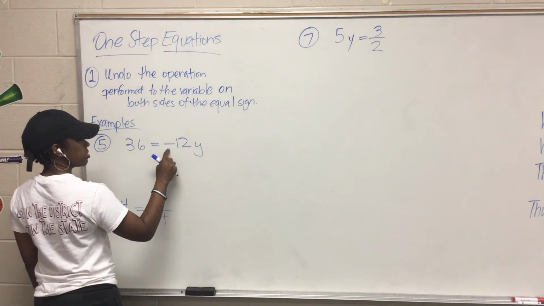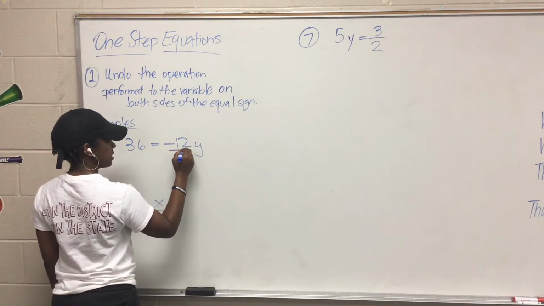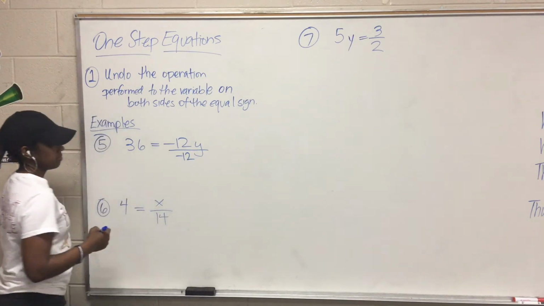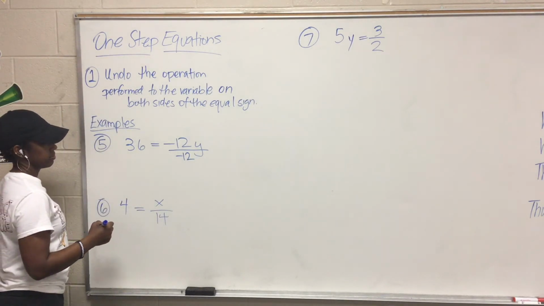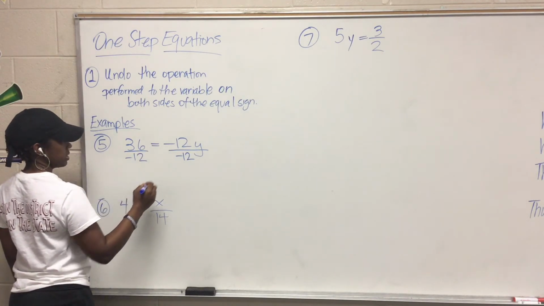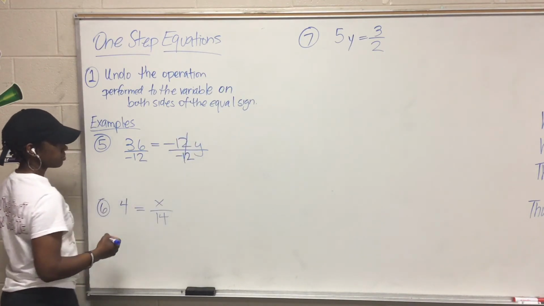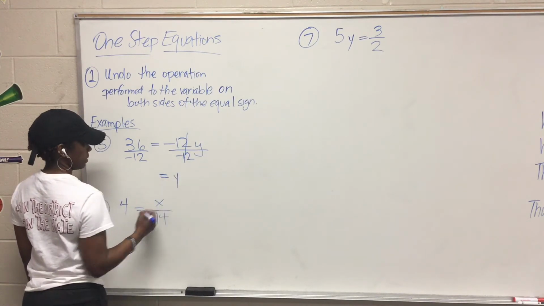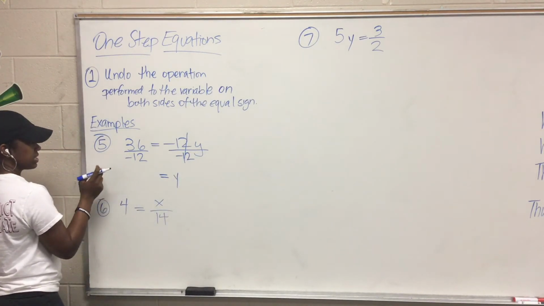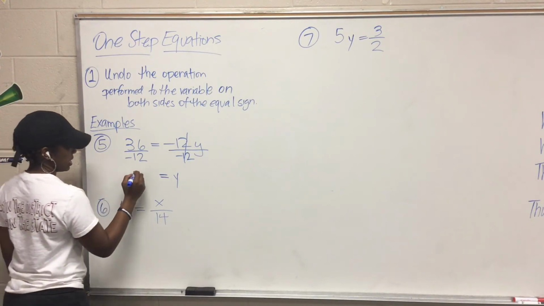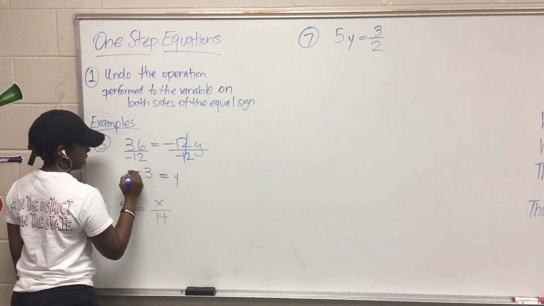If it is being multiplied by negative 12, you want to divide by negative 12 on both sides of the equal sign. This cancels out. You're left with y, and then you have 36 divided by negative 12, which is negative 3.